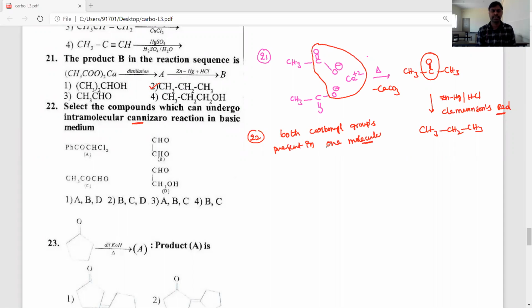Then that reaction is known as intramolecular Cannizzaro reaction.